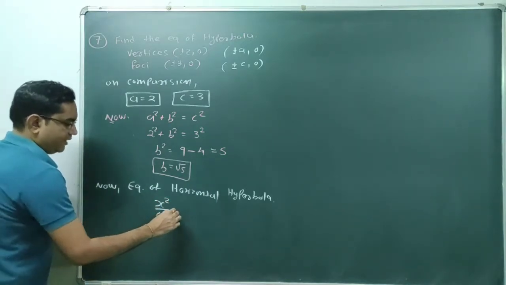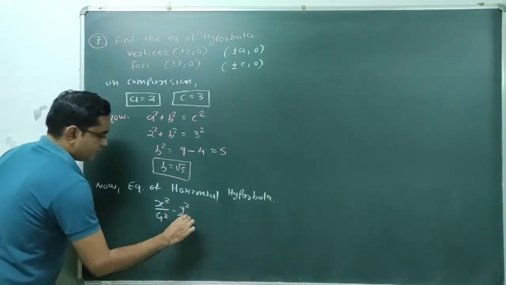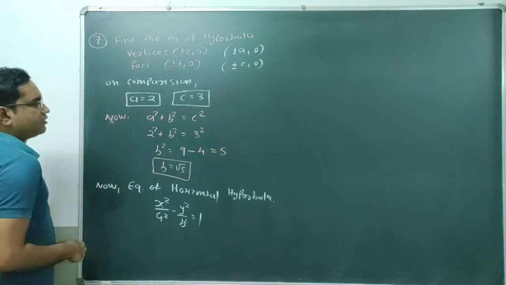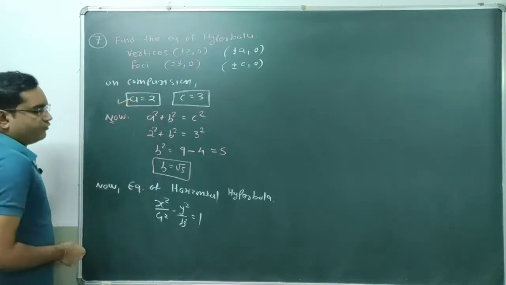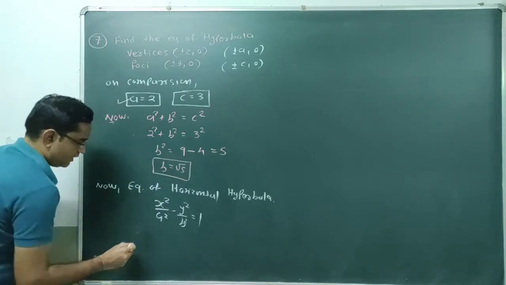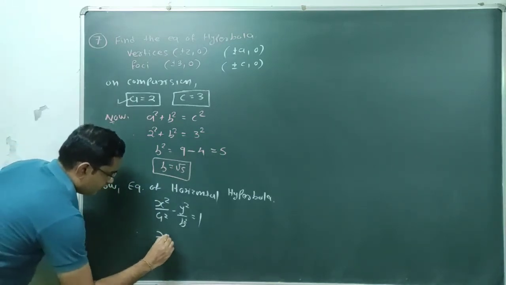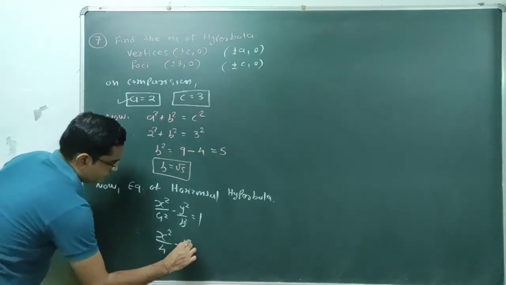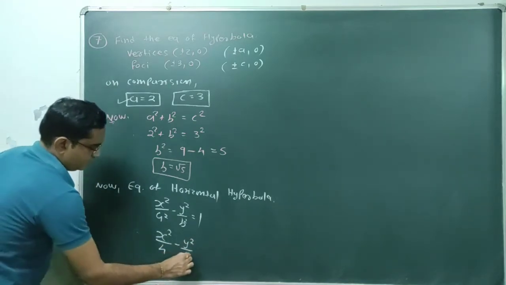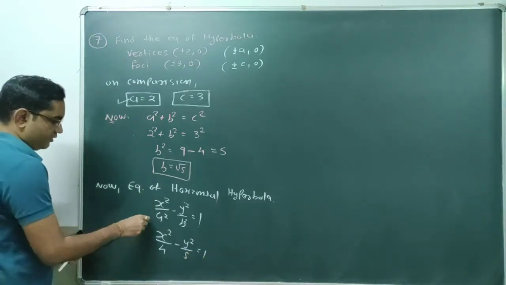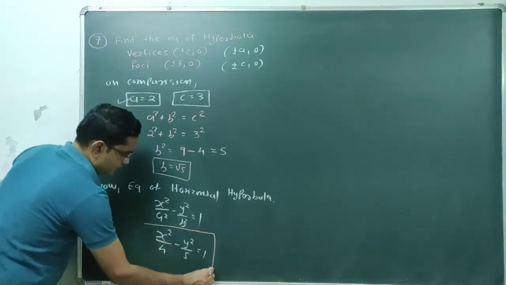So it's x square by a square minus y square by b square equal to 1. Put the values: a square is 4, b square is 5. So the answer is x square by 4 minus y square by 5 equal to 1. This is the required equation of the hyperbola.